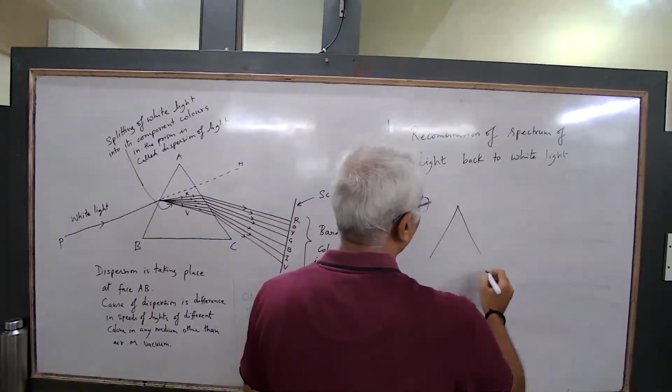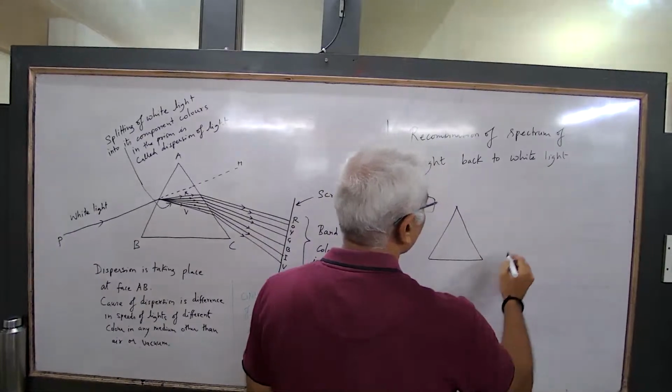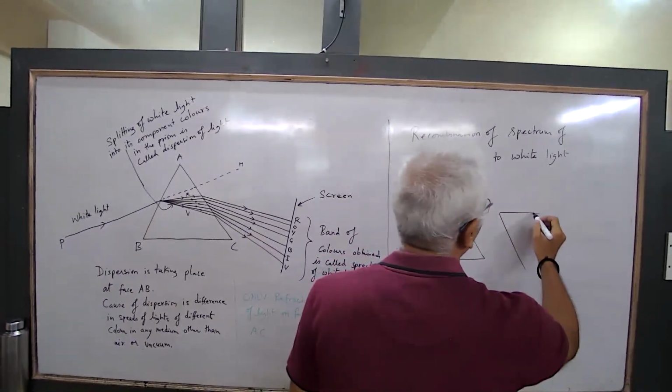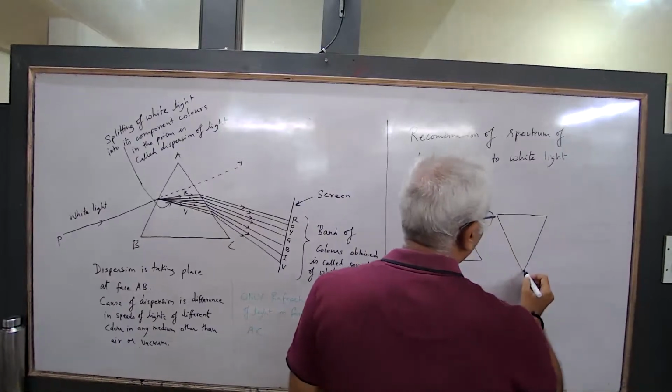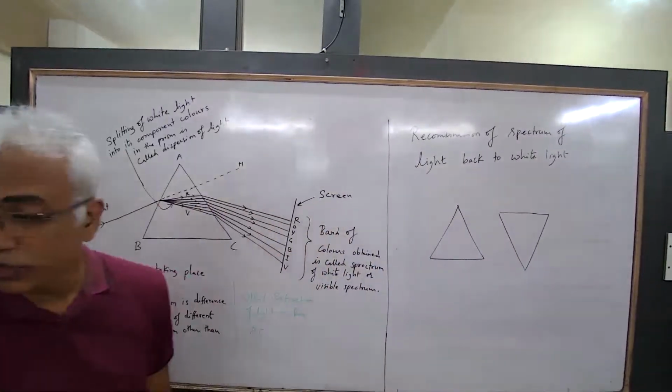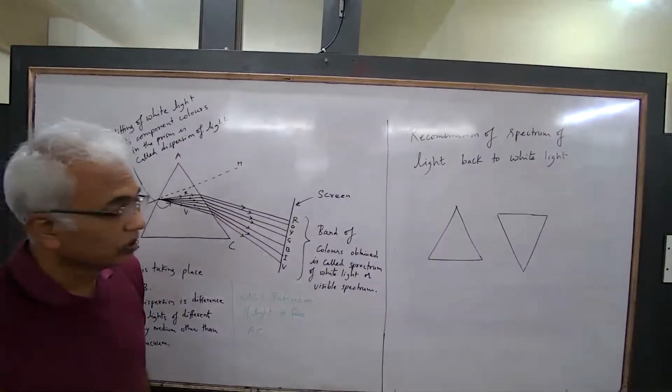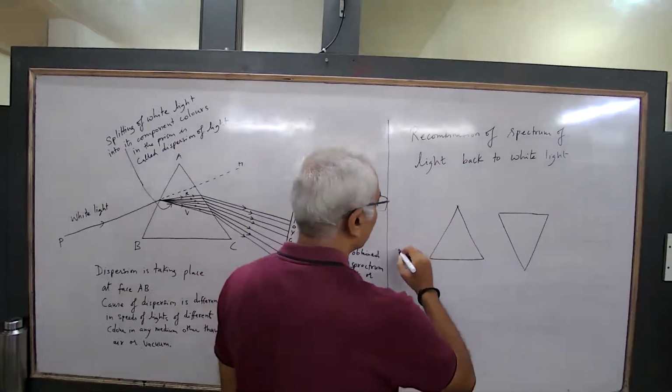You keep an inverted prism in front of a prism. The two prisms have to be identical and of the same material. So quickly draw the ray diagram.